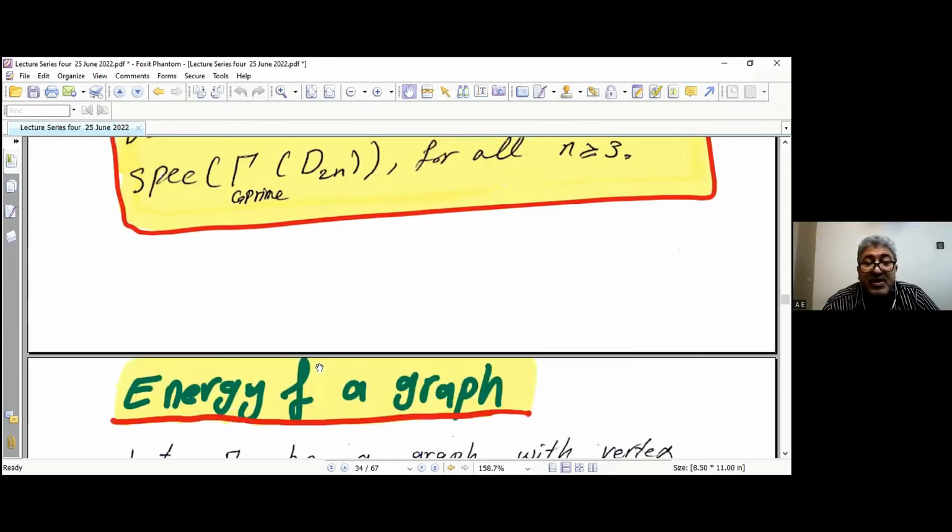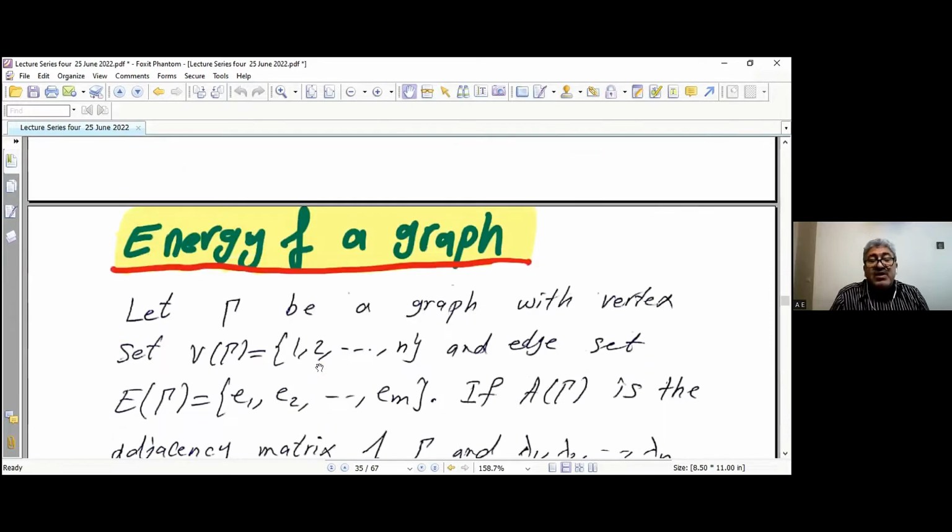Now, today I will continue with some other matrices associated to a graph, and also some related topics to these matrices. One of them, which is very important for the adjacency matrix, is the energy of a graph.